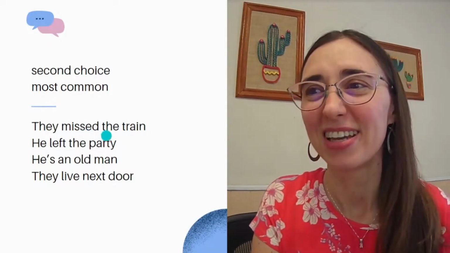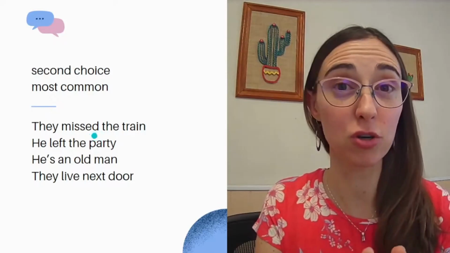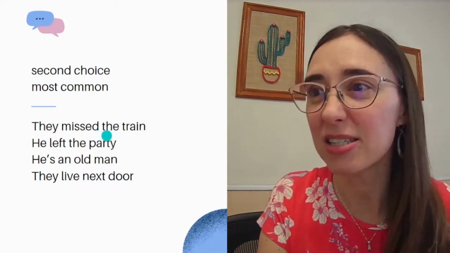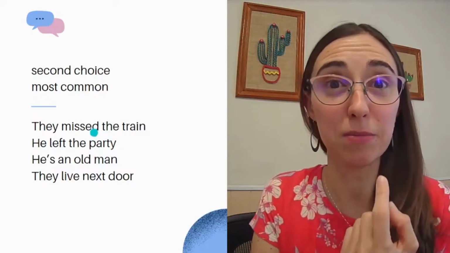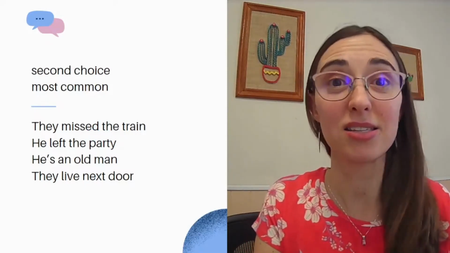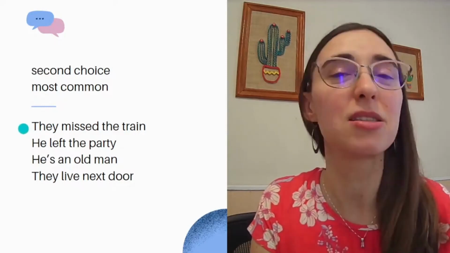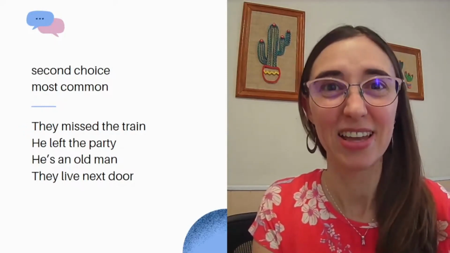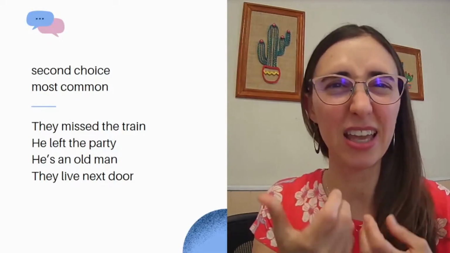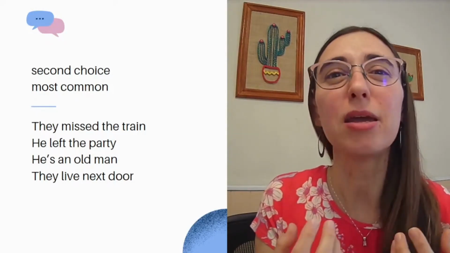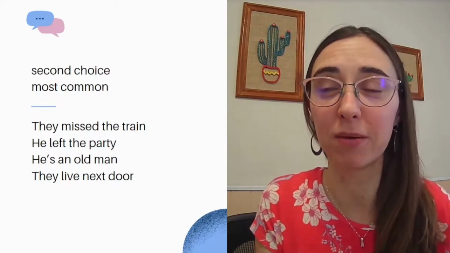Here, missed, two consonants, st, and the, another one. So the t in "missed" is the one that disappears. They missed the train. If you say it with the t, again, it feels awkward. It's much simpler without it.